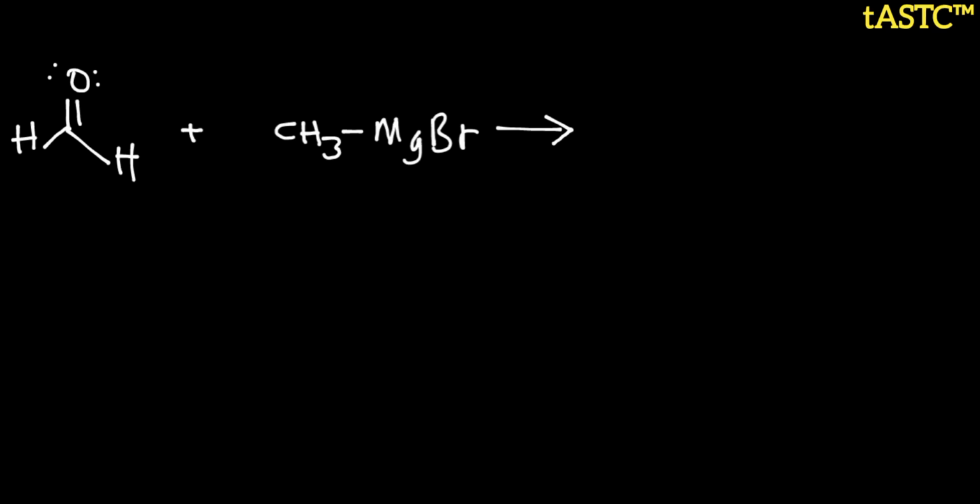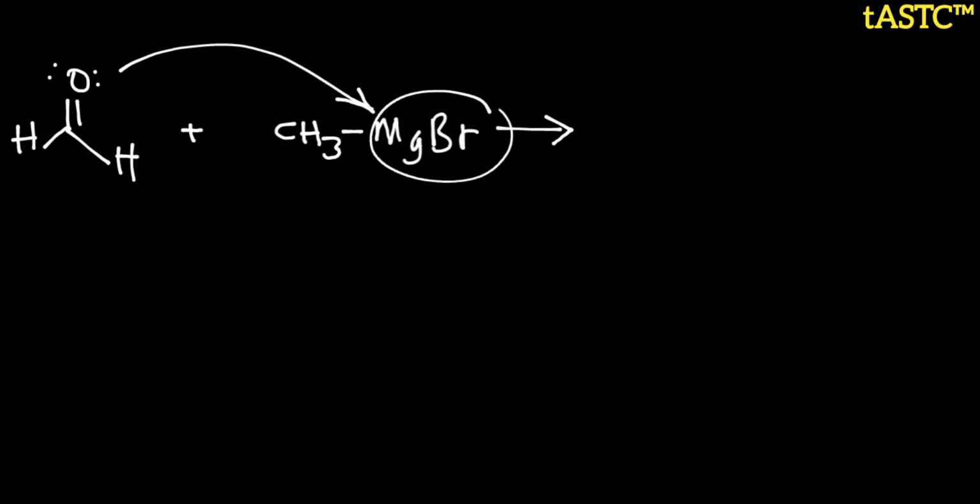Now the first thing that will happen is the oxygen with its lone pairs of electrons would actually attract the magnesium bromide. That is because the magnesium is actually more electropositive as compared to the CH3 group. So one lone pair of electrons would actually stretch forward to the magnesium metal, including the bromide group.